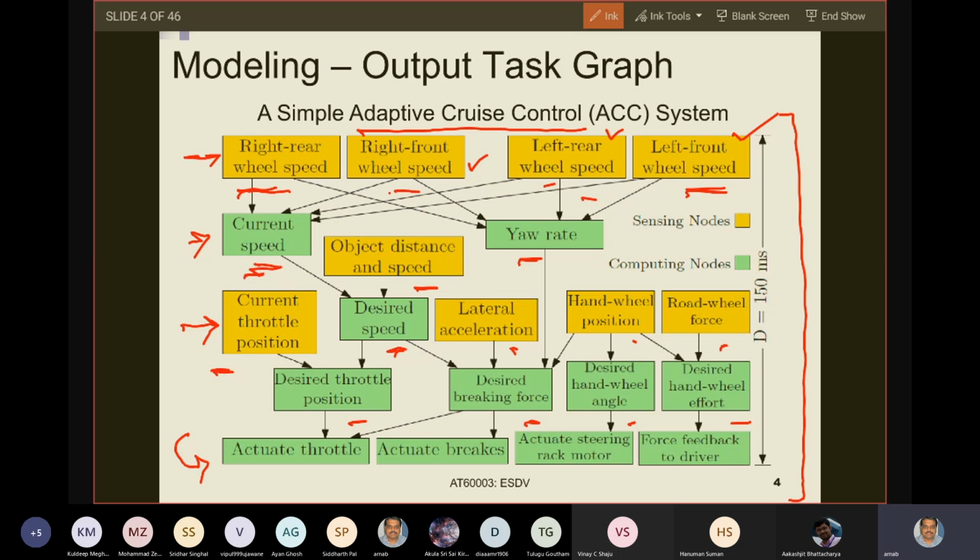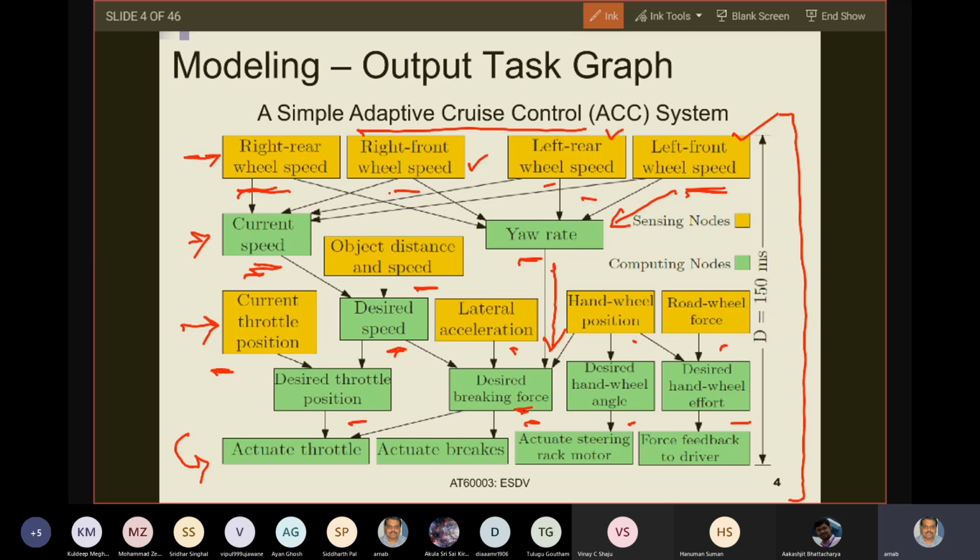These sensor tasks produce output to the yaw rate computation task. The yaw rate computation task computes and produces the output, which is taken as input by the desired braking force task, right?